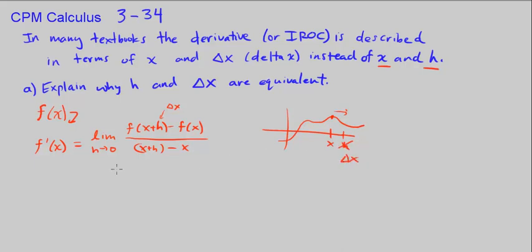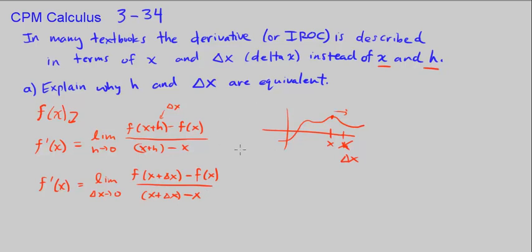So they use some delta, and they define the slope function to be the limit as delta x goes to 0 of f of x plus delta x minus f of x divided by x plus delta x minus x.